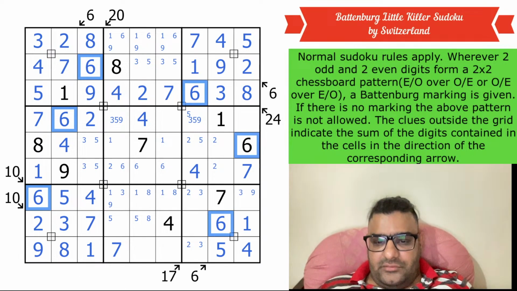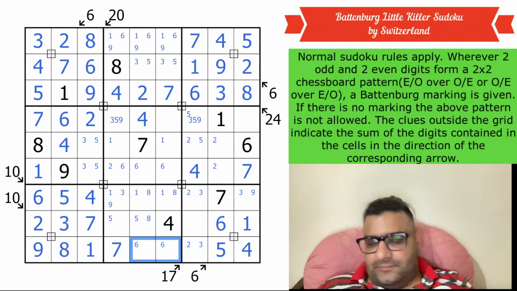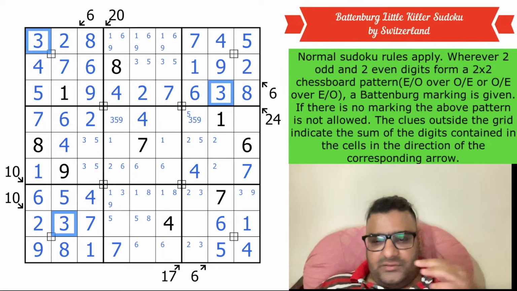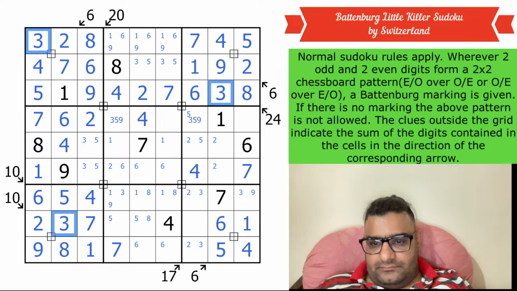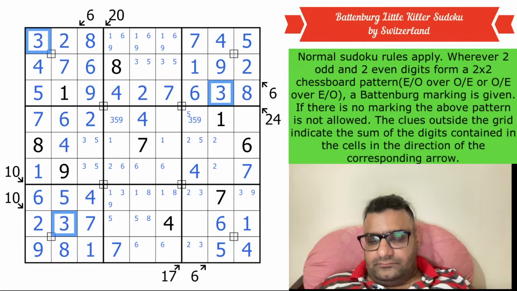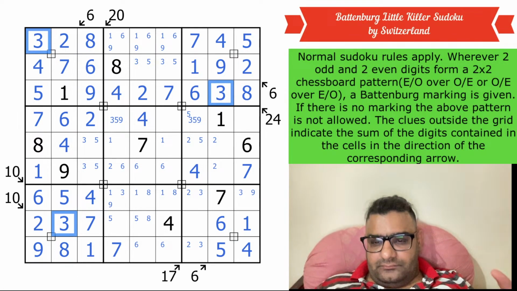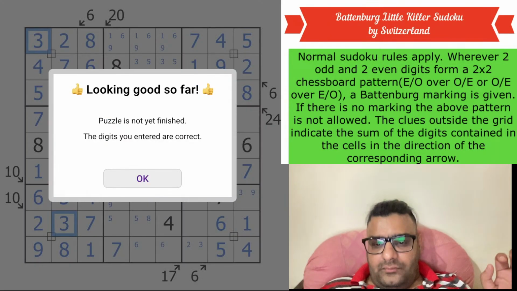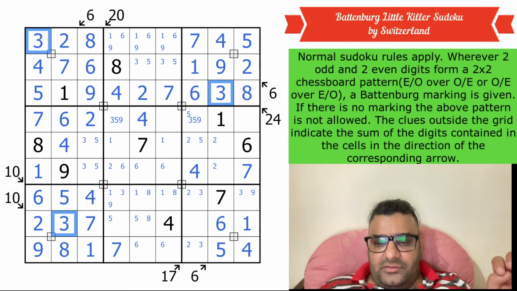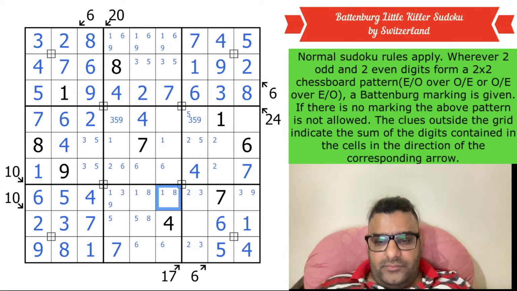6 cannot be here. These two are 6. If I check 3, if that is 4, 1 cannot be here.